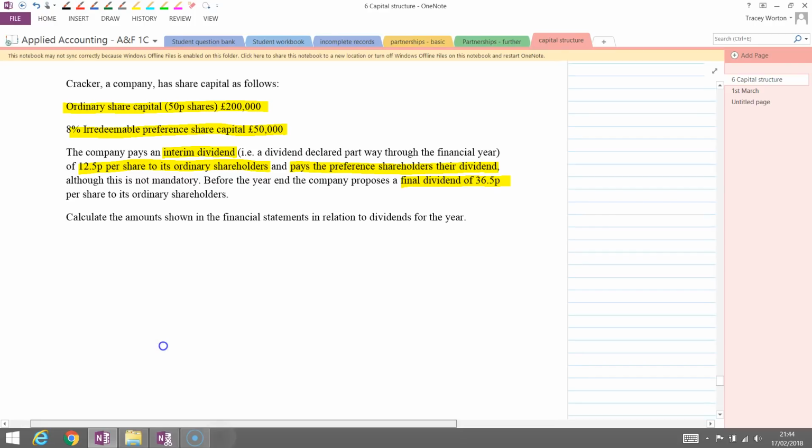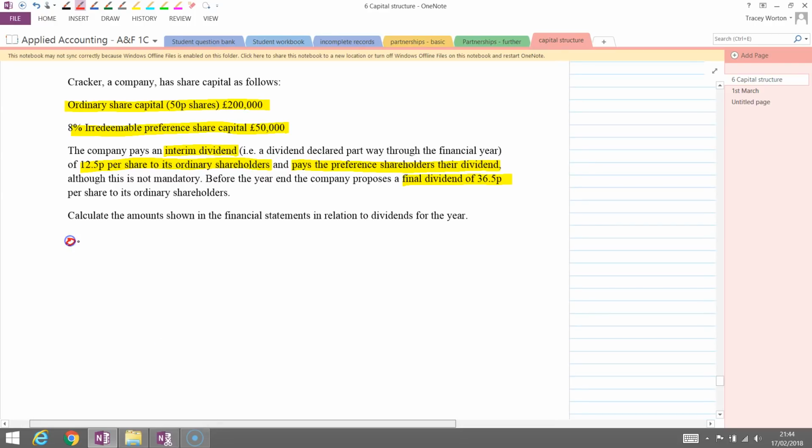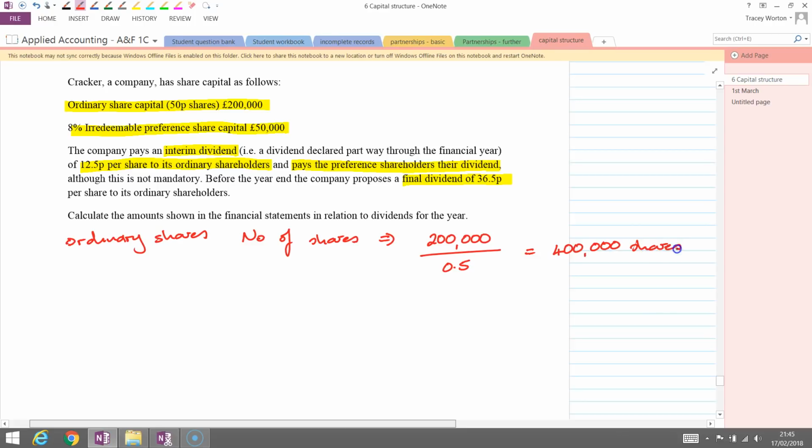So in terms of the ordinary share capital, the number of shares will be £200,000 divided by 50p. That will tell us that there are 400,000 shares in issue.